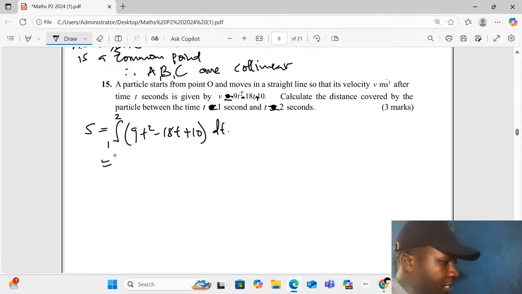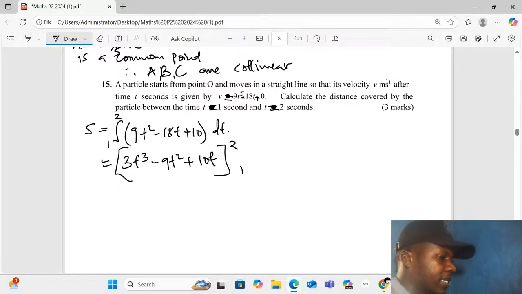When we integrate, it becomes 3t cubed minus 9t squared plus 10t, evaluated from 1 to 2.